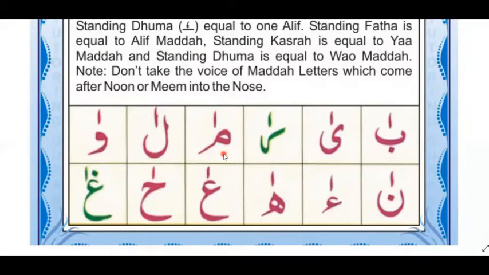Mim standing fatha, ma. Lam standing fatha, la. Wow standing fatha, wa. So we will read all these letters the same way we read the first line, and every letter with standing fatha, we will prolong the sound of the letter.